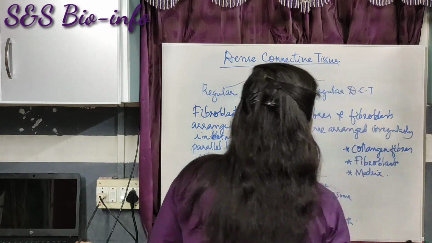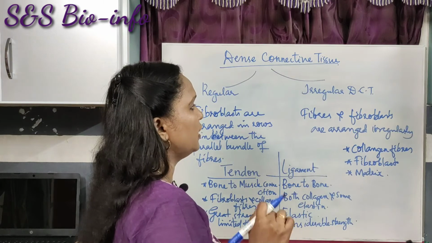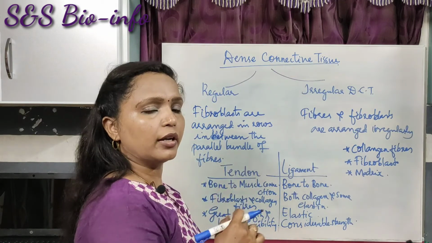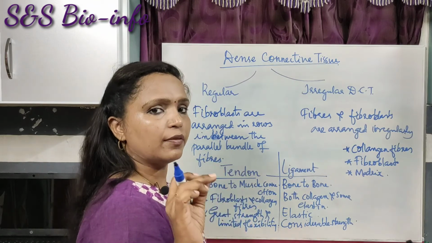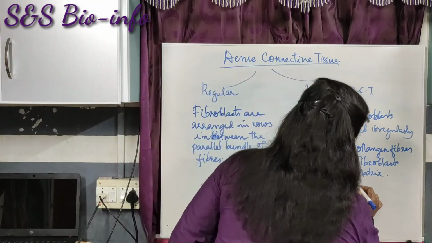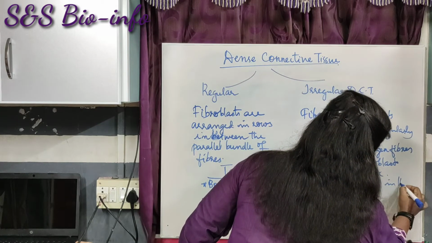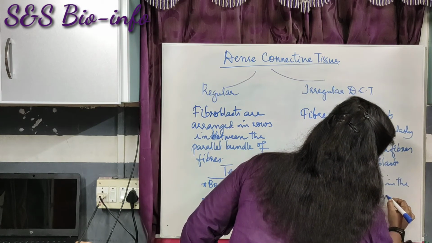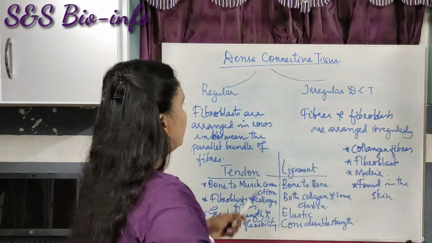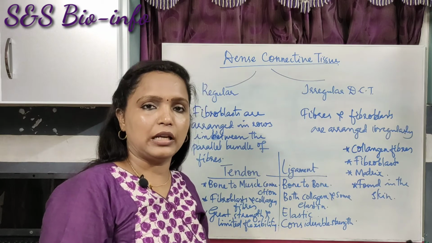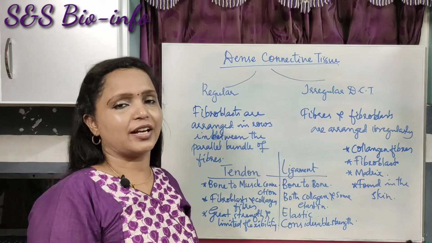As these are oriented irregularly in the matrix, such type of dense connective tissue is called the irregular connective tissue. It is usually found in the skin. Did you get the difference between regular and irregular dense connective tissue? Next, we are going to learn about specialized connective tissue.